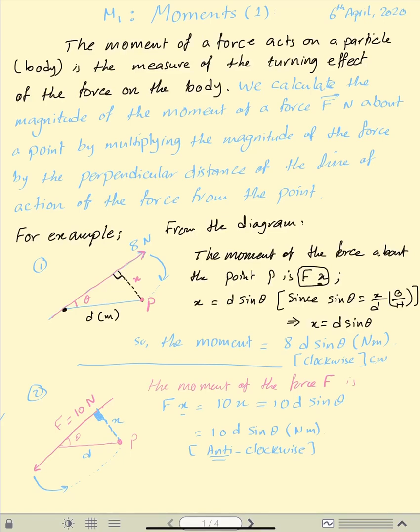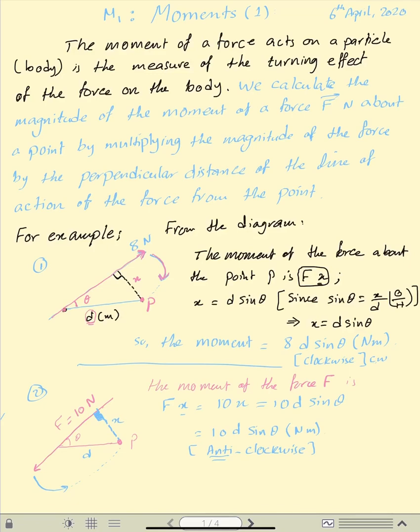The distance between the point and the line of action is d meters. According to the definition, dear students, we are not interested in this d. We are interested in the force. The force will act about this point in this direction.